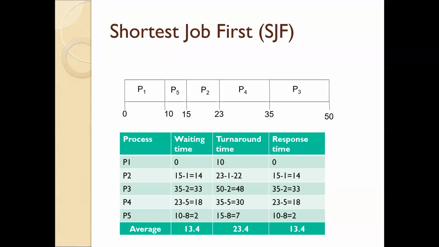One process has to wait for a long period without getting execution. If there are more processes with smaller burst times, P3 has to wait even further. So P3 might get starvation.